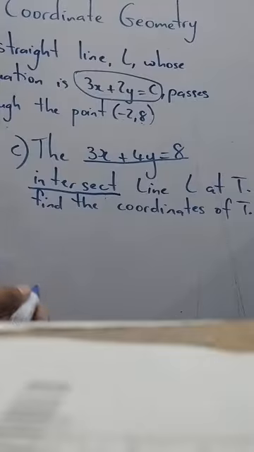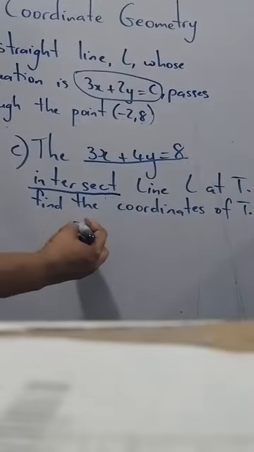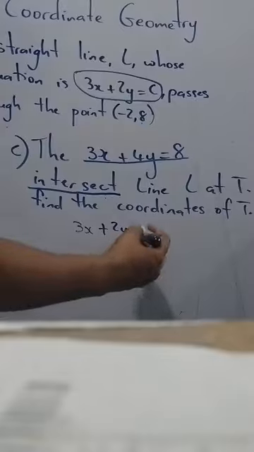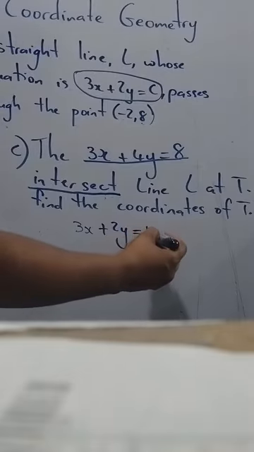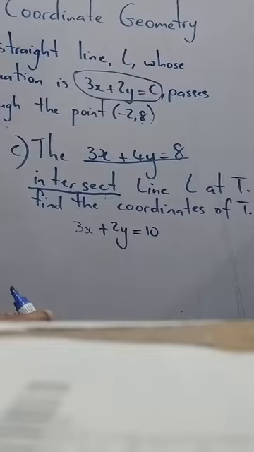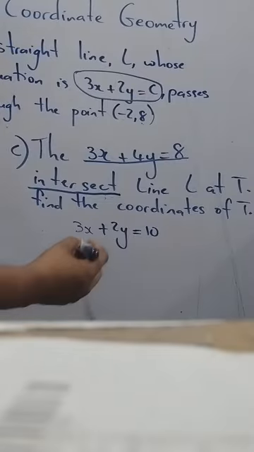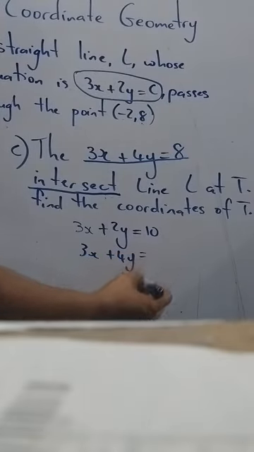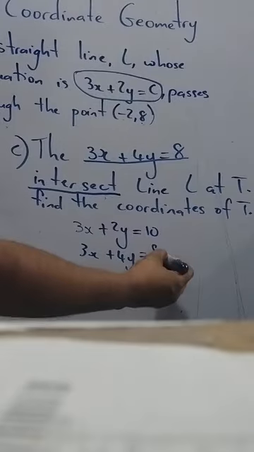What we're saying is that 3x, which is my first equation, plus 2y equal 10, that's equation 1, and 3x plus 4y equals 8.